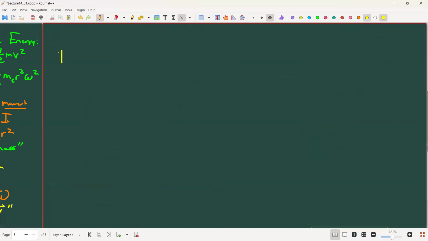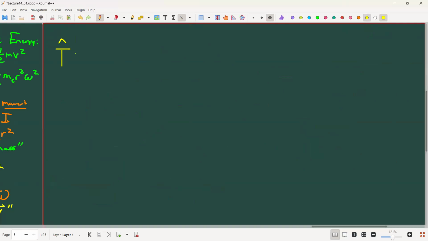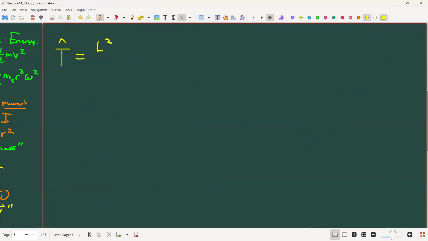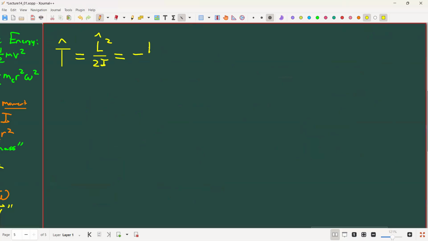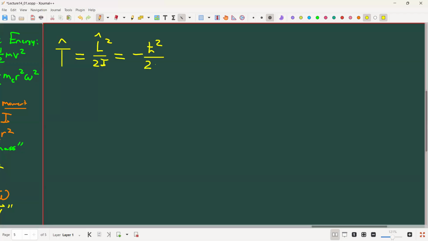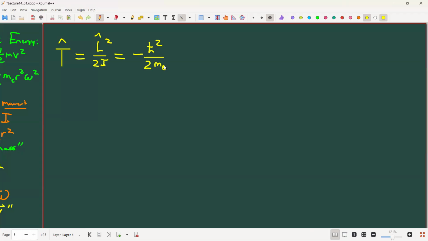All right, so what we can say now: L squared over 2I, we know this is going to look like a normal kinetic energy. Remember what the normal kinetic energy in quantum mechanics looks like? It looks like minus h bar squared over 2 times the mass, which is the electron, times the second derivative with respect to position, d squared dx squared.